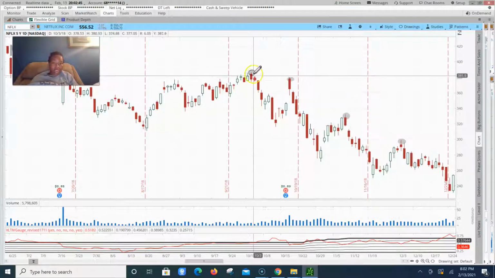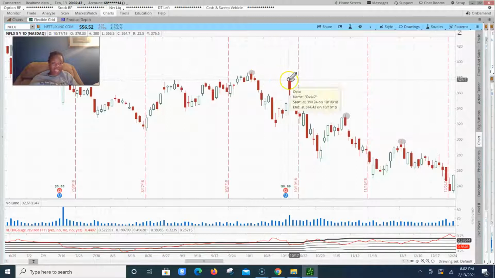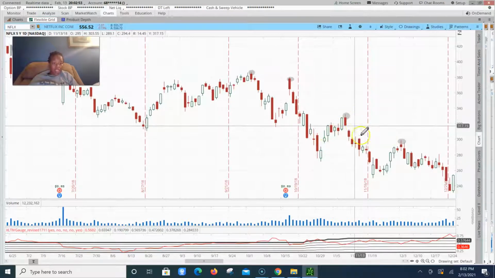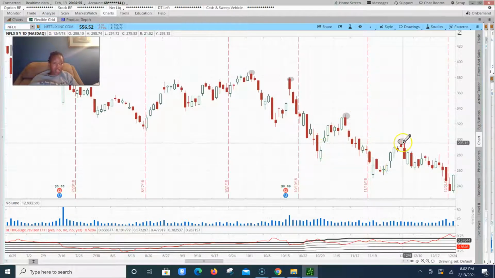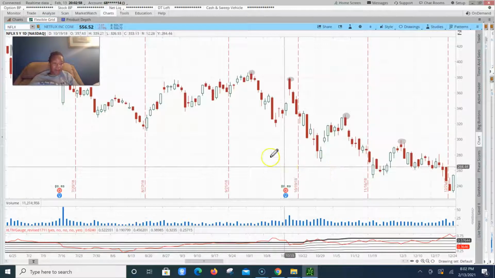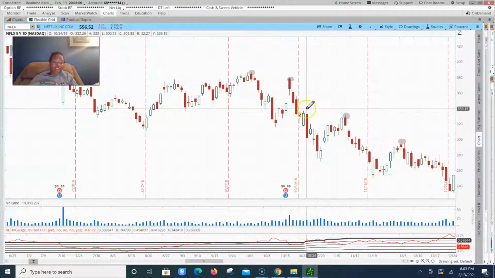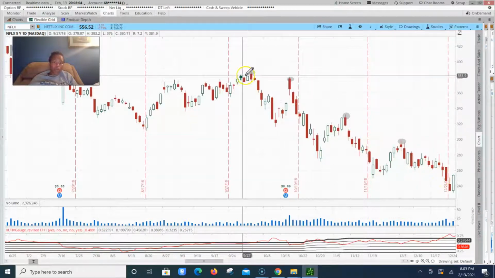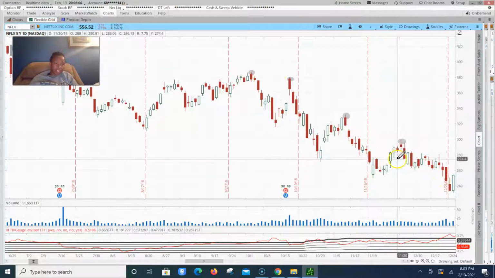You get a high right here, but then the next high will be lower and then it'll step down. Then you'll get another high, then it'll step down. Then it gets another high, then it steps down. I think of a downtrend as walking down a hill or walking down some stairs.